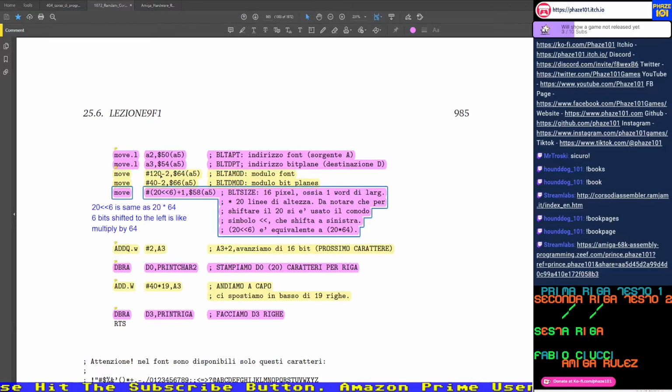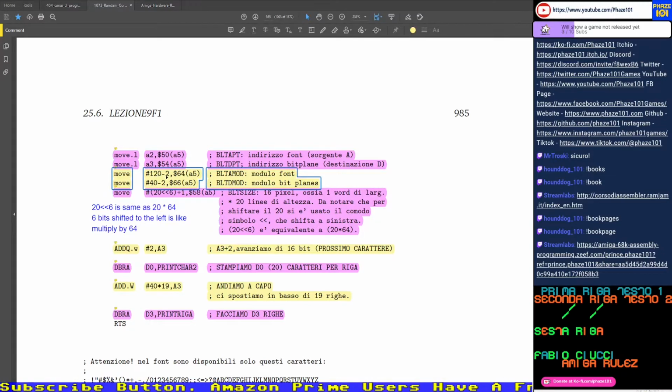Here we specify the modulo. Now the font is 120 bytes wide, but the font width is 2 bytes, so 120 minus 2. That's why he has a modulo of 120 minus 2. The screen, the destination, is 40 bytes wide.